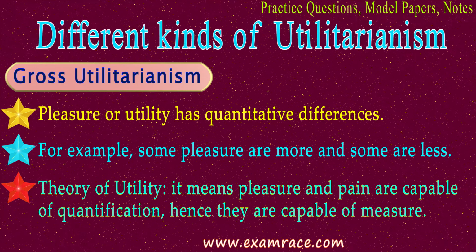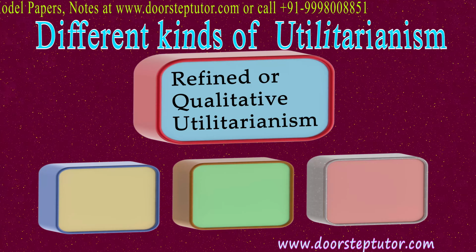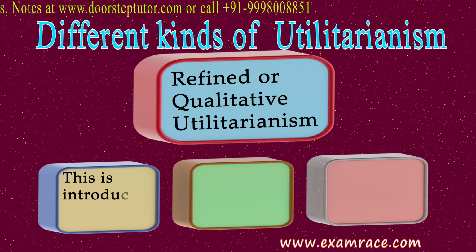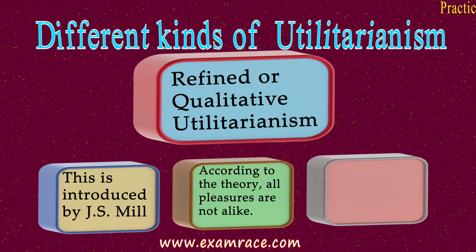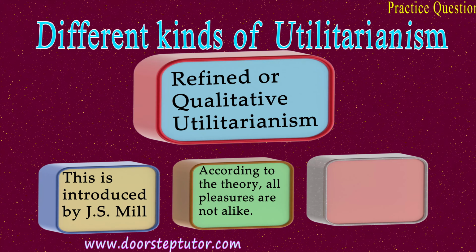Coming on to the next one is refined or qualitative utilitarianism. This is introduced by John Stuart Mill. He is also a utilitarian. According to this theory, all pleasures are not alike. Now, this is in stark opposition to gross or quantitative utilitarianism.